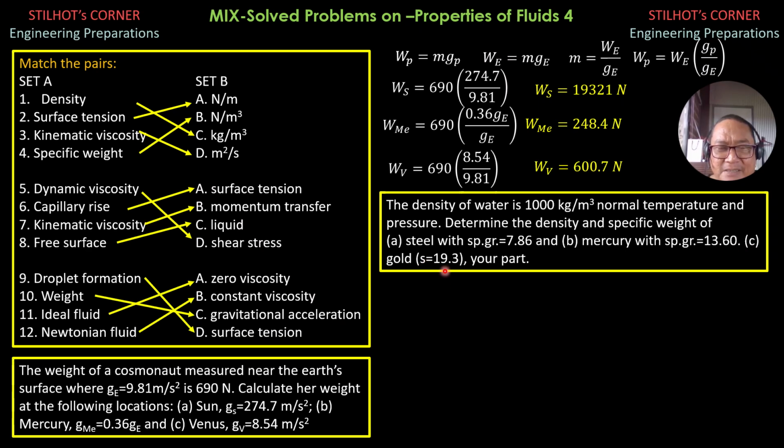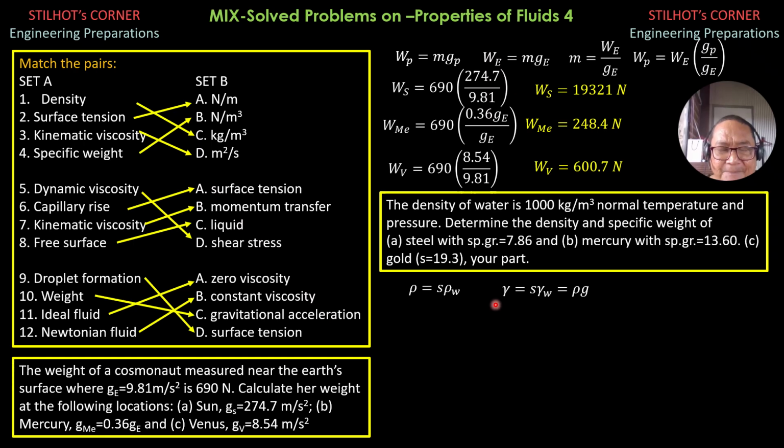This is your part. The specific gravity of gold is 19.3. For the density, this is just the product of specific gravity and the density of water. The density of any substance is equal to the specific gravity of the substance times the density of water. Since the density of water is 1,000 kilograms per cubic meter, all you have to do is multiply it by s. So for steel, 7.86.